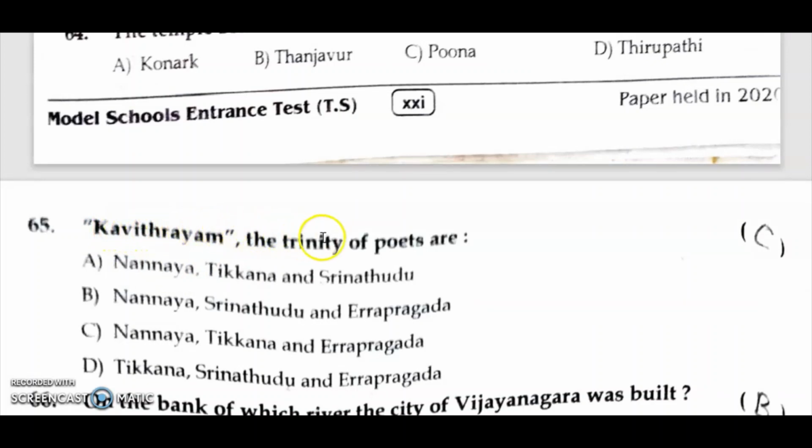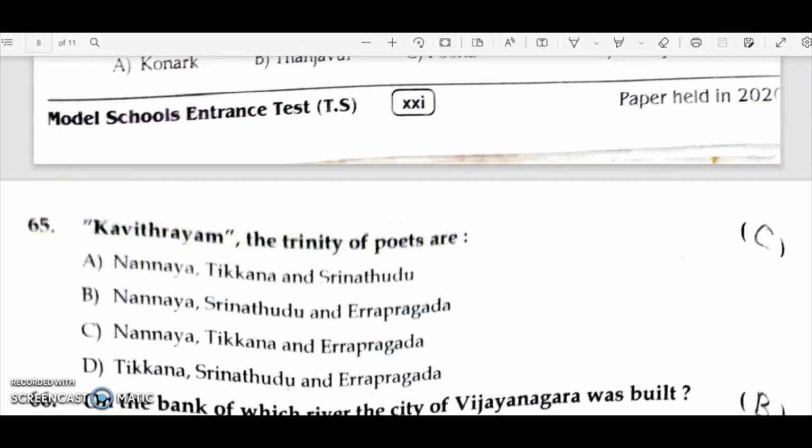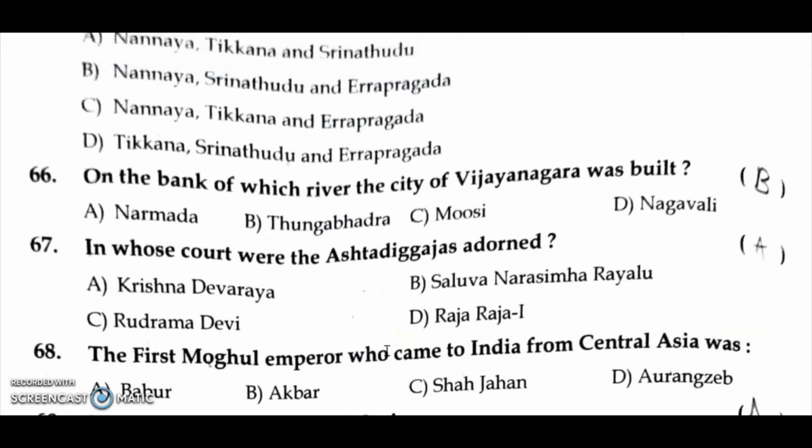Kavitrayam, the trinity of poets, are C. Nayanna, Tikkanna and Errapragada. On the bank of which river was the city Vijayanagara built? B. Tungabhadra.